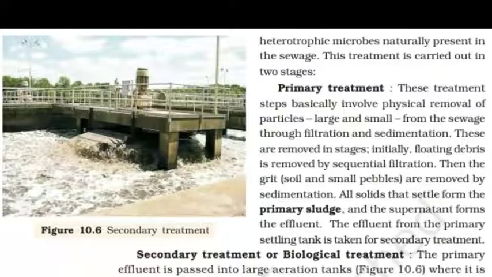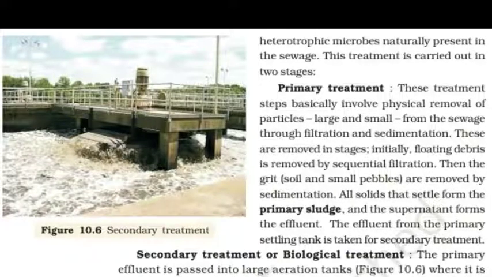All solids that settle form the primary sludge, and the supernatant forms the effluent. The effluent from the primary settling tank is taken for secondary treatment or biological treatment.